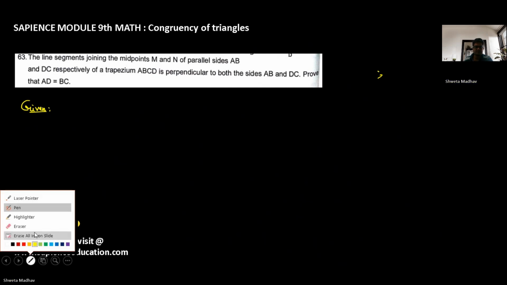Then in question number 63, it's told that the line joining the midpoints M and N of parallel sides AB and DC respectively of a trapezium ABCD is perpendicular to both the sides AB and DC. Prove that AD equals BC. First, we will write what is given. We can draw the figure first.